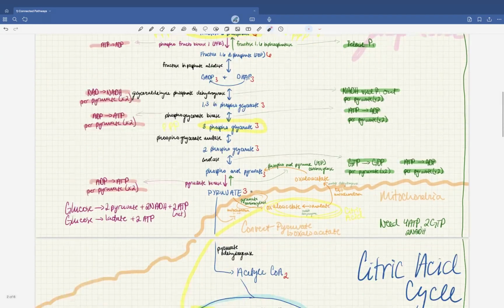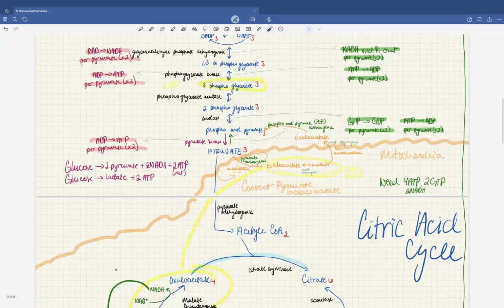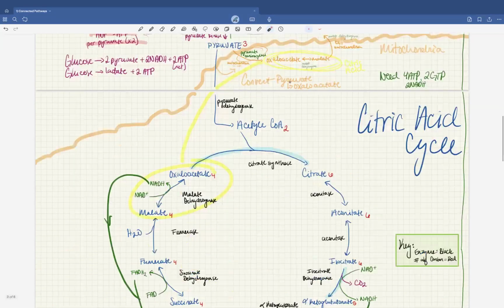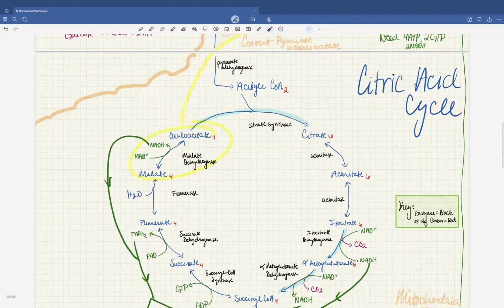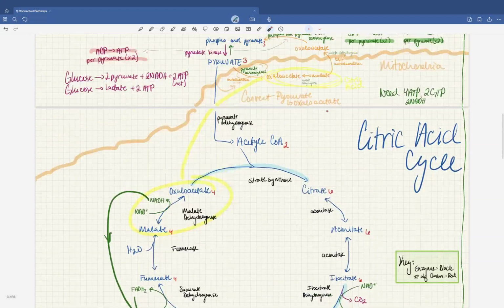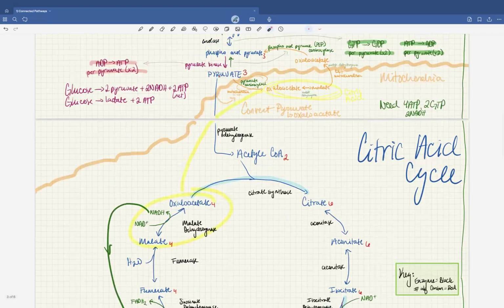So from here, we're going to go deeper into the mitochondria, which is shown by this orange line. It's important to note that oxaloacetate into malate is a reversible reaction that also occurs in the citric acid cycle right here. So when we are starting the citric acid cycle, we'll be using pyruvate, which was generated in glycolysis, and pyruvate will be converted into acetyl-CoA by pyruvate dehydrogenase.